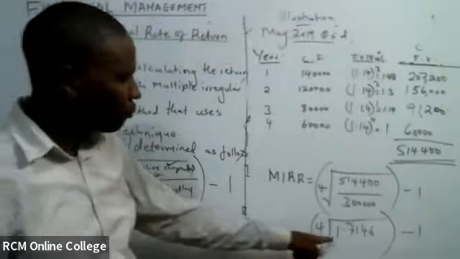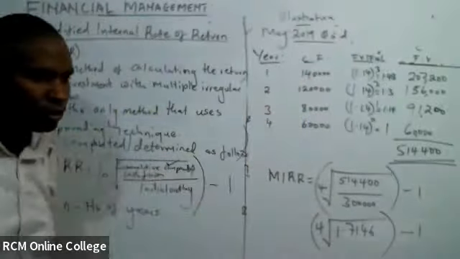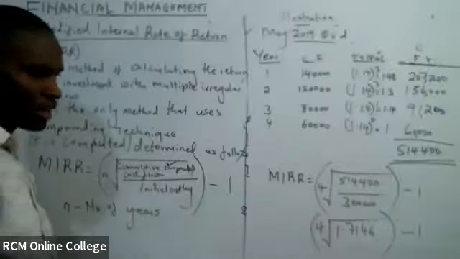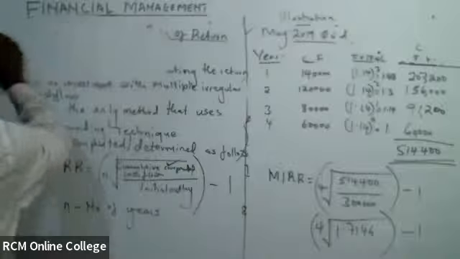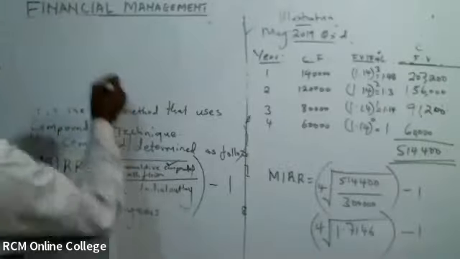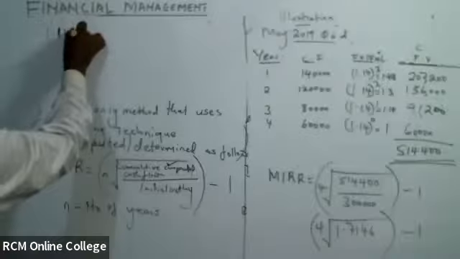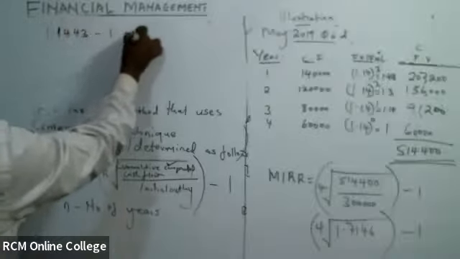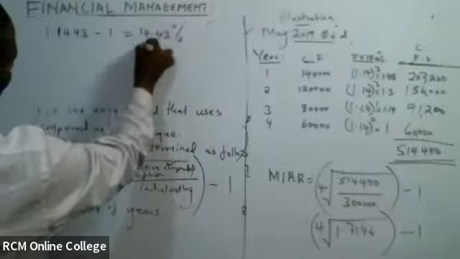What is the fourth root of this? I start with what is in the bracket. Body mass. Body mass is important. What is the fourth root of that? 4 decimal places. 1.1443. 1.14, that is the fourth root. 43 minus 1 will be 14.43%.